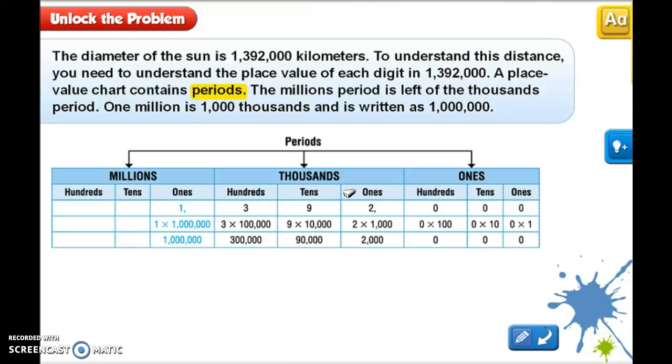And then in the hundreds place, in the thousands period is a 3. So we have 300,000. And then we have 1 million. So we have 1 times 1 million. Okay?